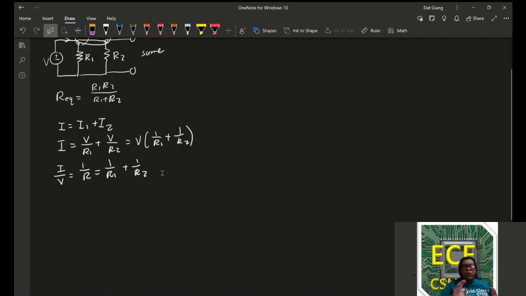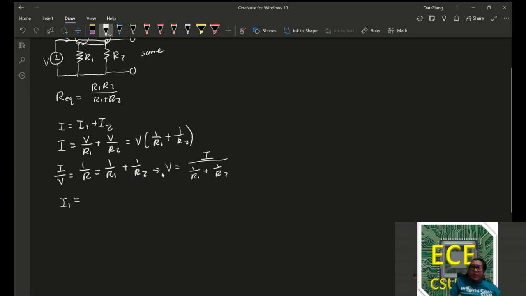Now, with this in mind, if we were to ask what is the current across R1, we can see from this equation that V is going to be equal to I divided by 1 over R1 plus 1 over R2.